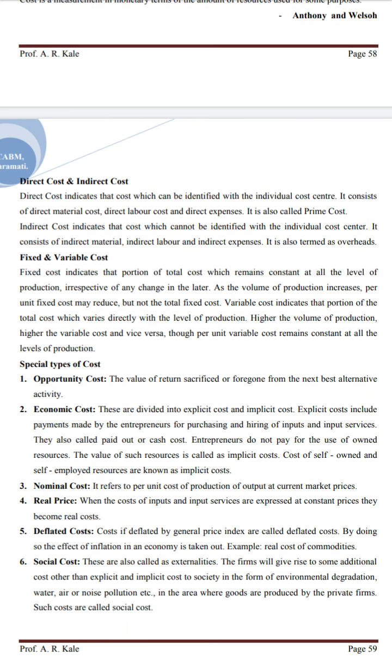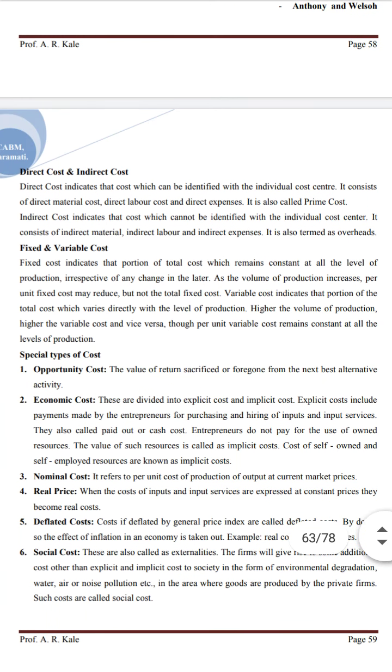It consists of direct material cost, direct labor cost, direct expenses. It is called prime cost. And indirect cost is the cost which cannot be identified with the individual cost centers. It consists of indirect material, indirect labor, indirect expenses. It is called overheads.